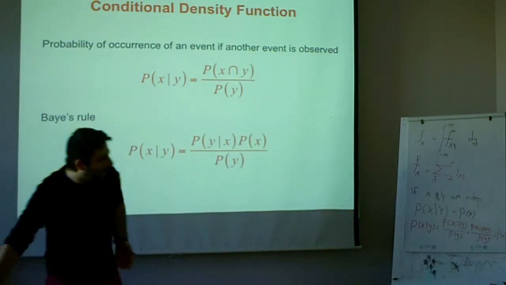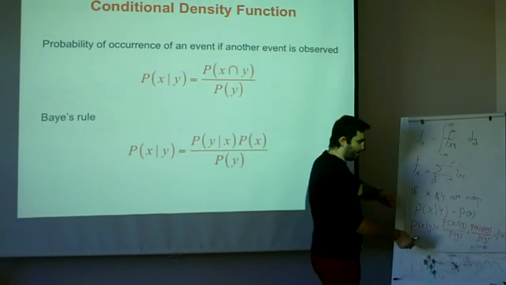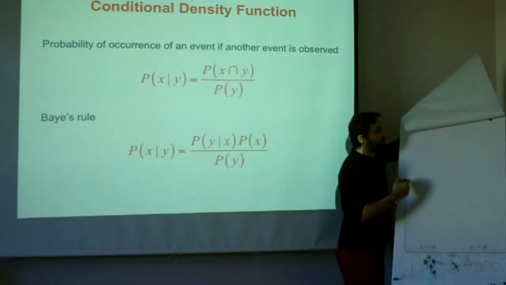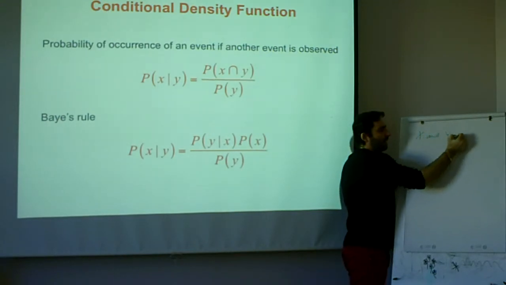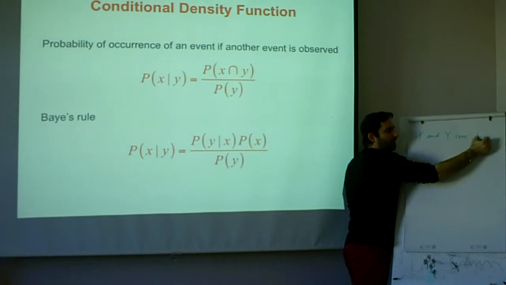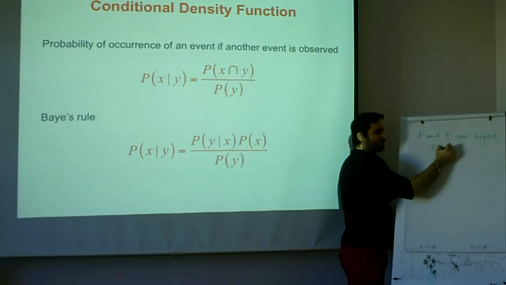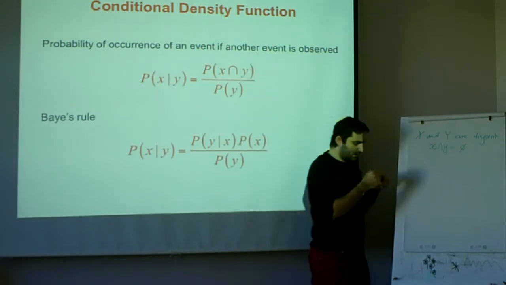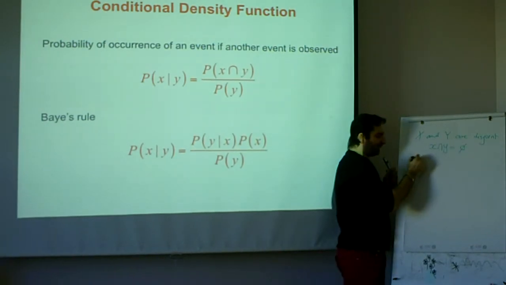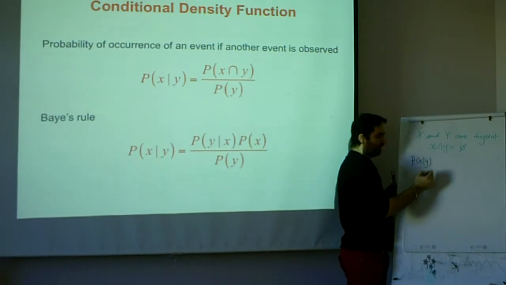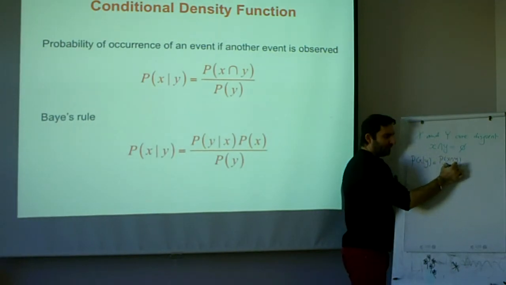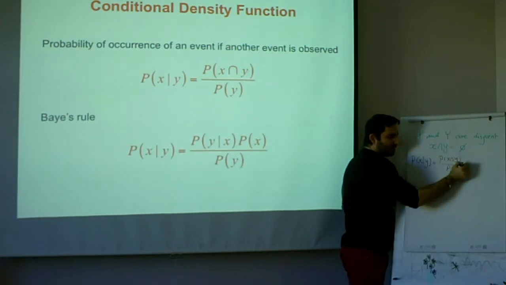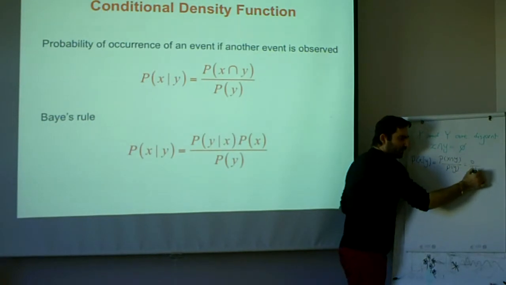So if X and Y are disjoint, which means that X intersected Y is empty, the probability of X given Y is the probability of X intersected by Y divided by the probability of Y. Because this is empty, we know that this is 0 divided by the probability of Y, and this is 0.